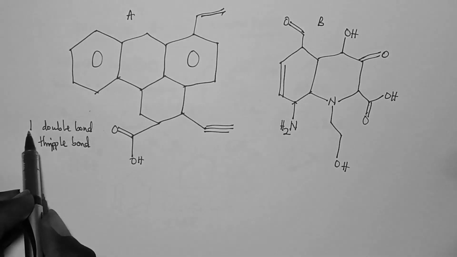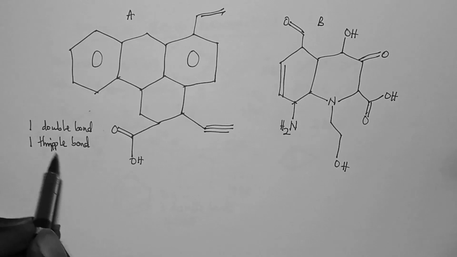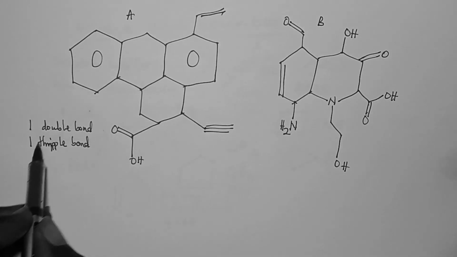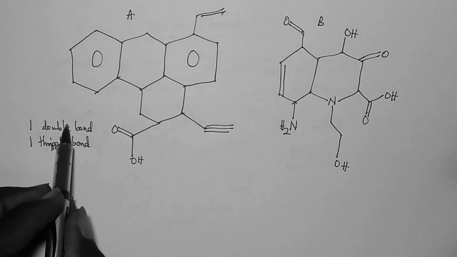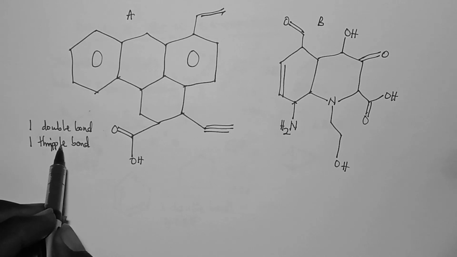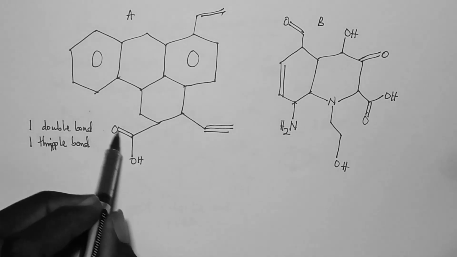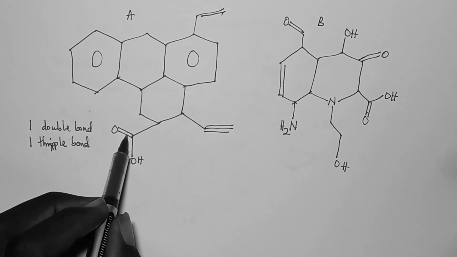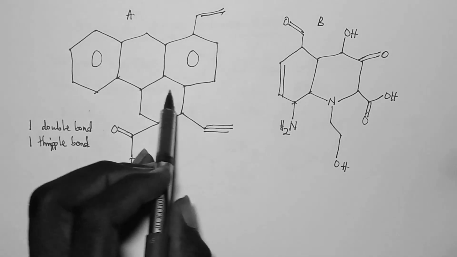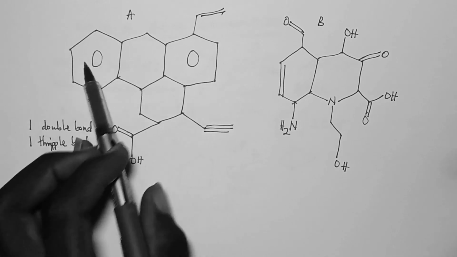So the one double bond has one double bond equivalent, and then one triple bond has two double bond equivalents. So 1 plus 2 will give us 3. And then aside from that, you also have this double bond here, which makes it 4. And then there are 4 rings, so 5, 6, 7, 8.